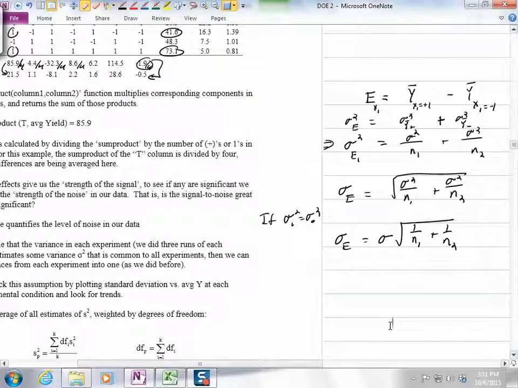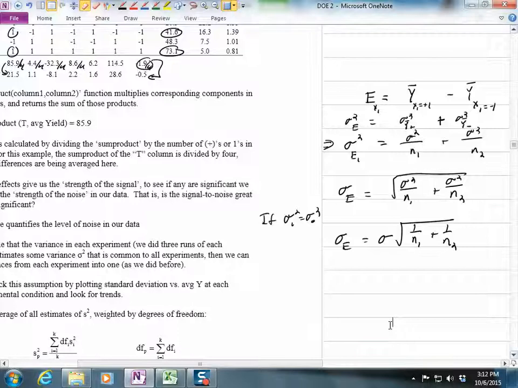So we're saying the noise at the high level of the effect is the same as the noise at the low level of the effect. We'll make that an assumption: the noise is constant throughout the experiment. So I just pulled that out front and took the square root. Is everyone okay there? And now 1 over n1 plus 1 over n2, that's okay.